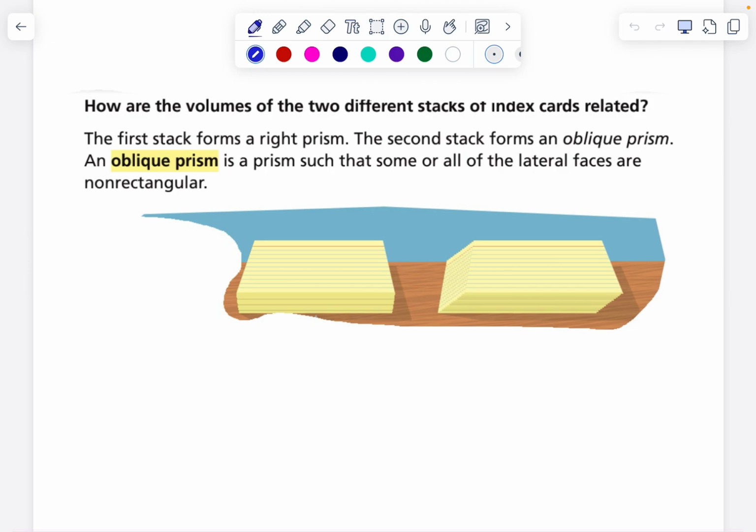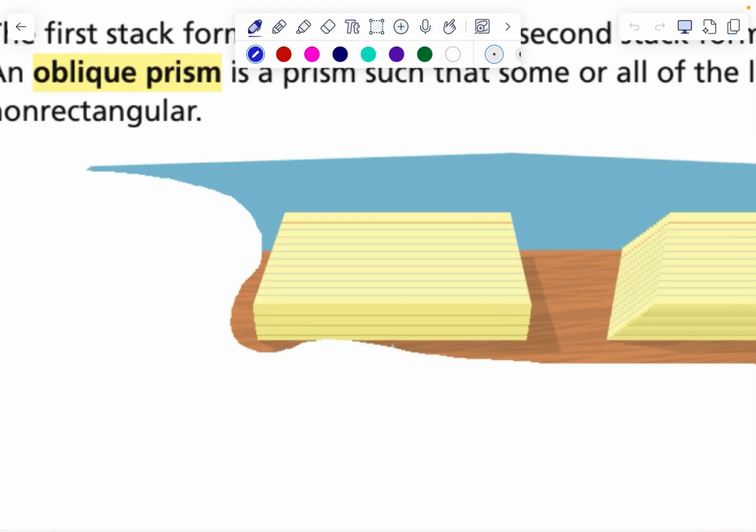Shouldn't, right? But now this is volume, not surface area. Does it change the surface area? It doesn't change the volume, it's the same amount of cards. Does it change the surface area? Yeah, it does, right? Think about it.